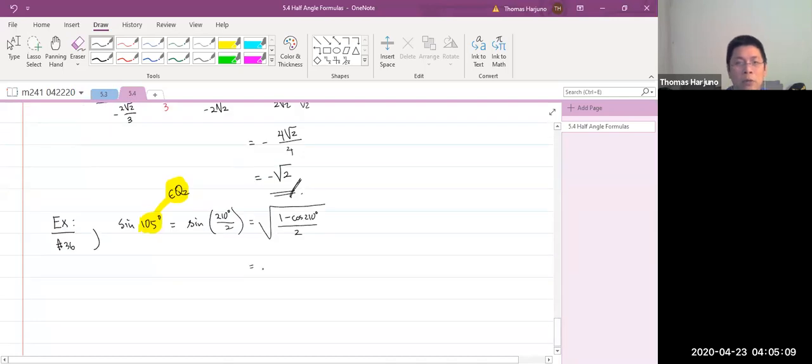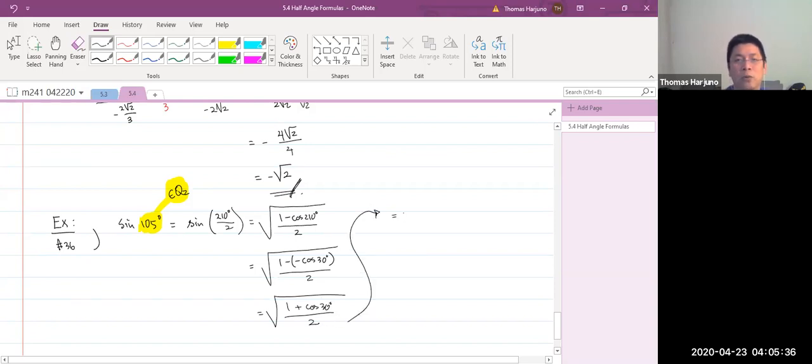Now this is equal to square root of 1 minus cosine 210. That's in quadrant 3, so that's negative. The reference angle is 30 degrees. That's 1 plus cosine 30 degrees over 2.